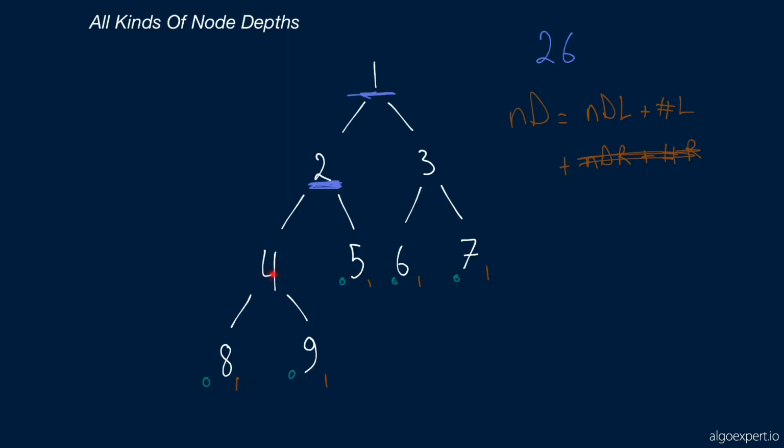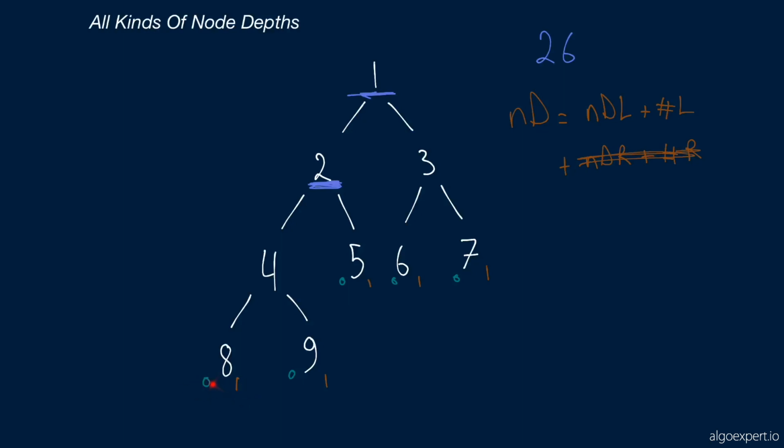Now let's go to this 4. Let's apply our formula. ND, what's the node depth of the tree rooted at 4? Well, it's NDL, node depths of the left subtree, which is 0, plus number of nodes in the left subtree, which is 1. We've stored these values somewhere, either on the node or in some sort of hash table, or maybe we've implemented this algorithm in such a way that we return these values. You'll see this in the code.